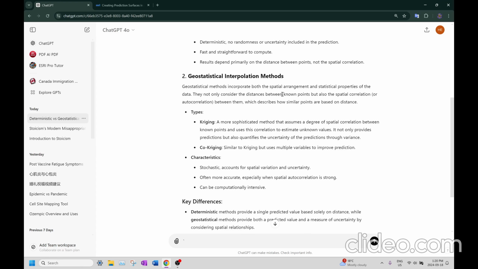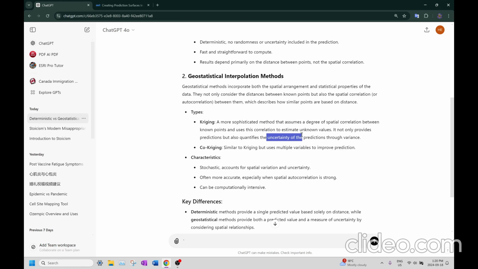Geostatistical methods consider not only the spatial arrangement but also the statistical properties of the data. So you will not only consider distance but also spatial autocorrelation. That's the variance between the distances, and we have kriging. They do assume a degree of spatial correlation between known points and use autocorrelation to estimate unknown values.